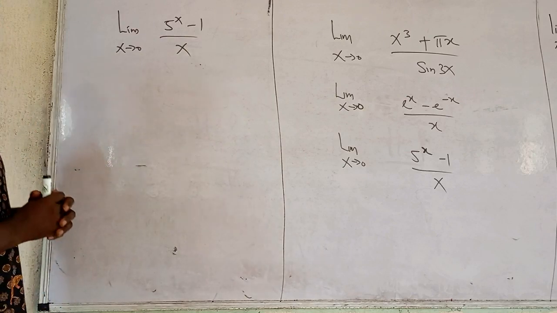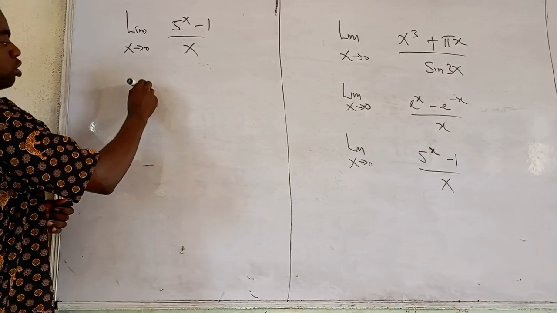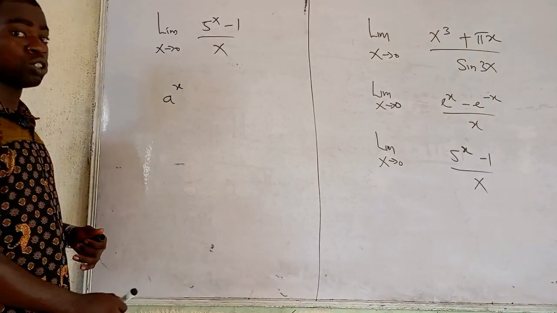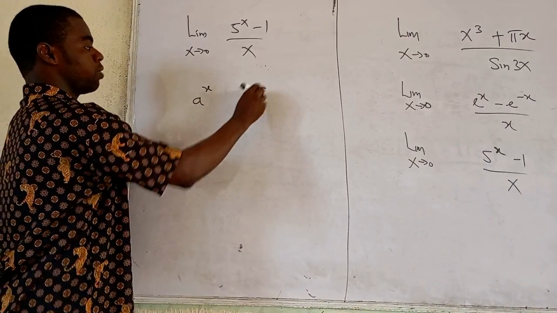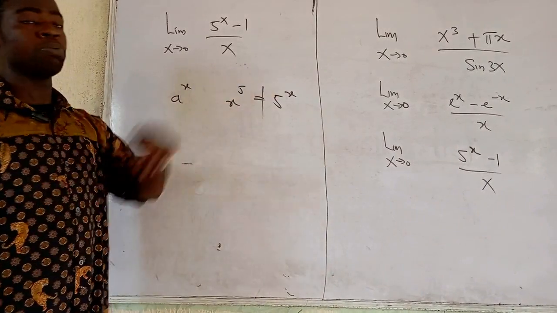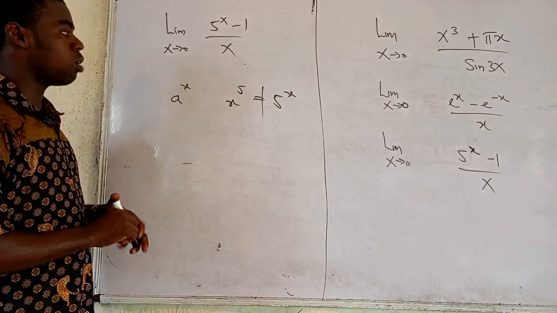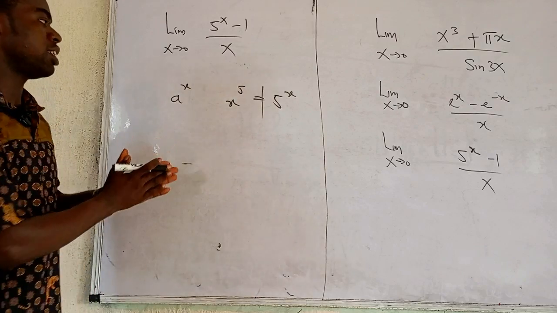But look at the function we have. This is the function a raised to the power of x, the exponential function. This is different from x raised to the power of 5. It's not the same thing as 5 raised to the power of x. So how do you differentiate this then?